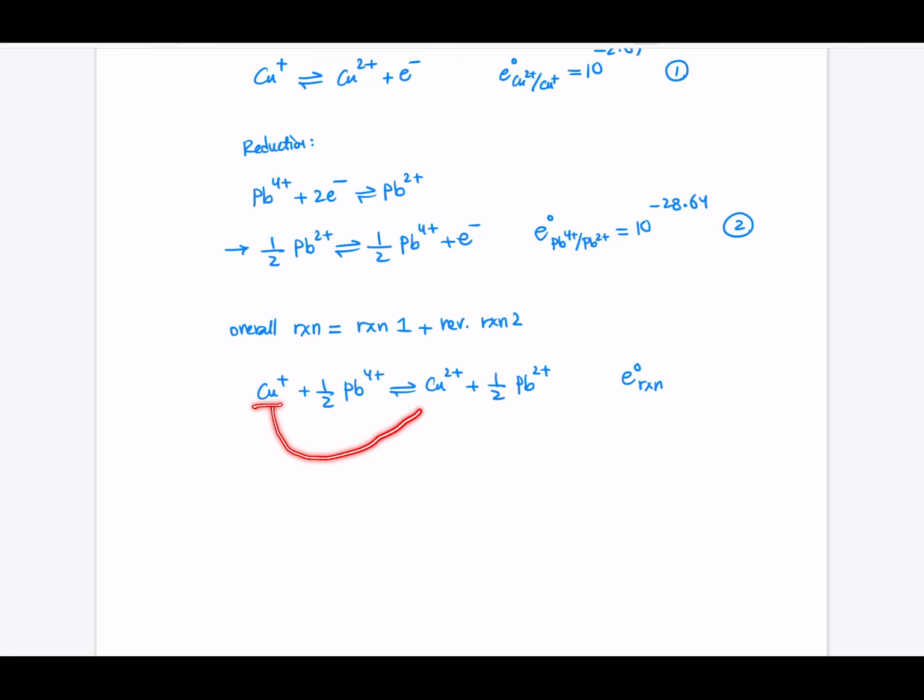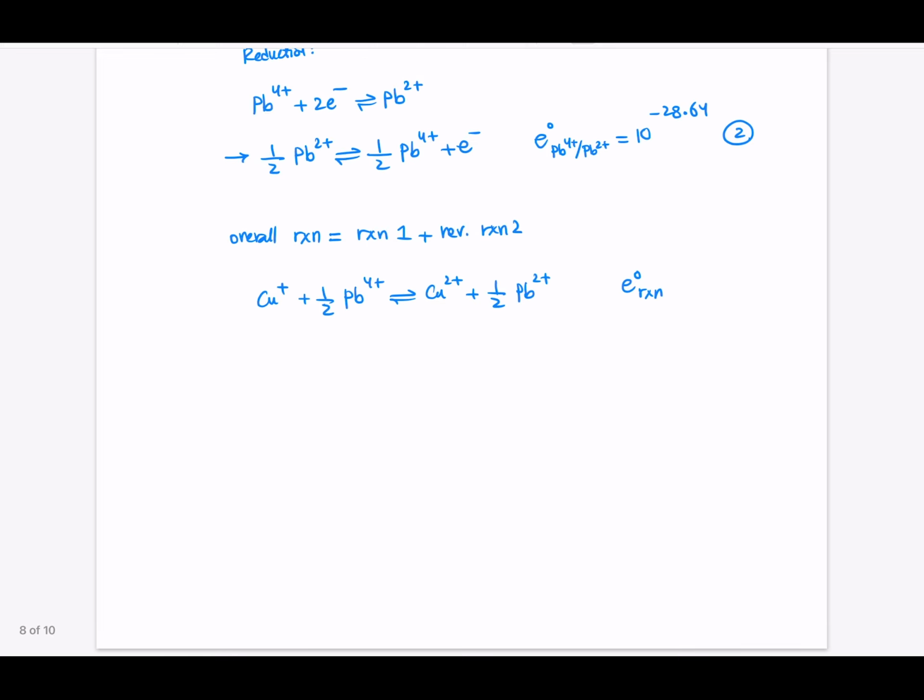So that means copper has to be oxidized and Pb4 plus has to be reduced, which is the case for this specific reaction. So this is a combination of two standards, so we can quickly calculate PE0 of reaction to be PE0 of oxidation minus PE0 of reduction, or 2.69 minus 28.64, and this is minus 25.95.